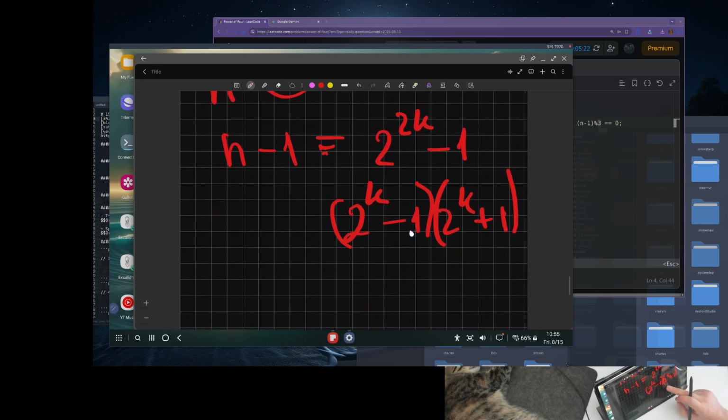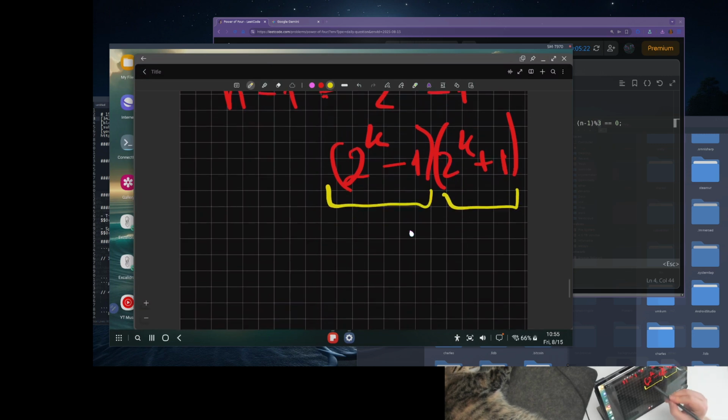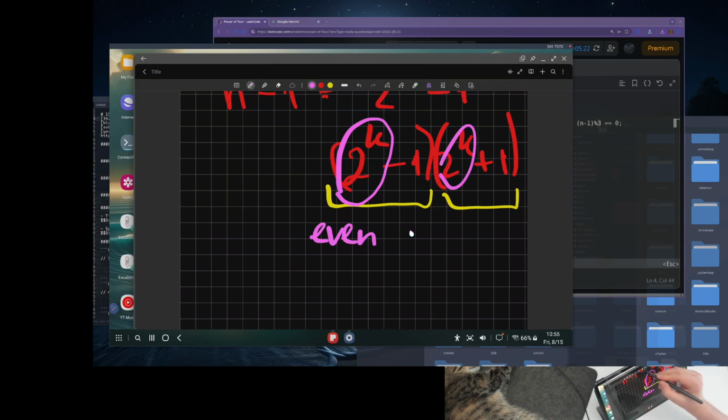and this next is number theory: what is this number and what is this number. This is like 2 to the power of k. It's always an even number, even. And this number is odd because we are one step ahead.